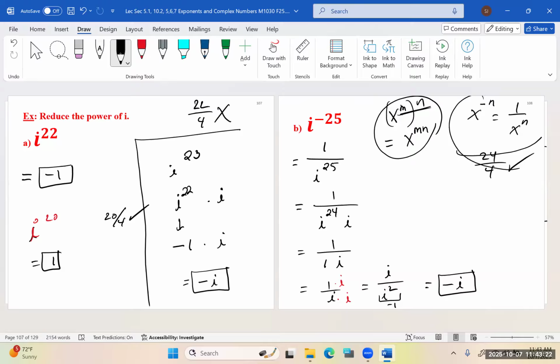But before rationalizing, the answer for I to the negative 25 is 1 over I. But you cannot accept that answer because I is on the denominator. So that's why the red one means you're multiplying top and bottom to rationalize the denominator. I didn't know you were rationalizing. I thought you just had I's times stuff. No, we times I, but to rationalize.